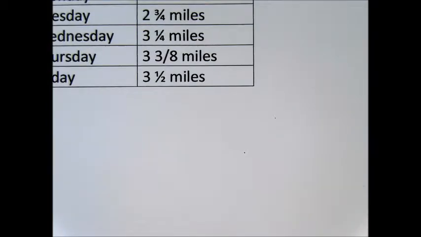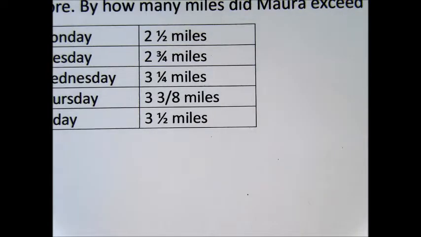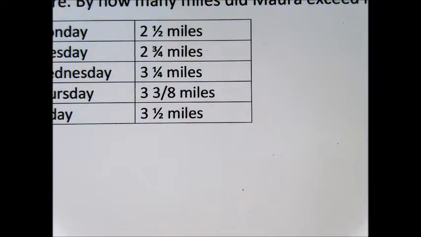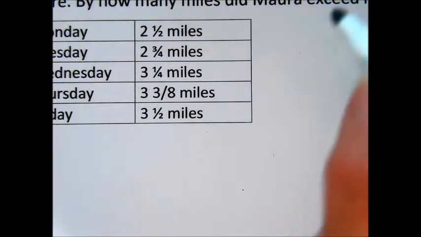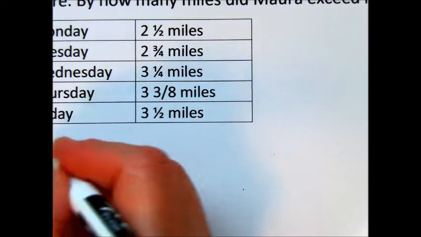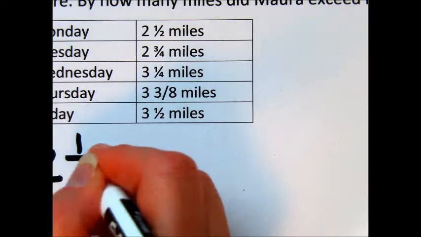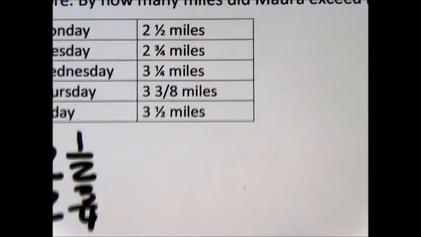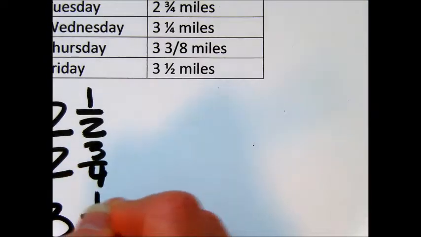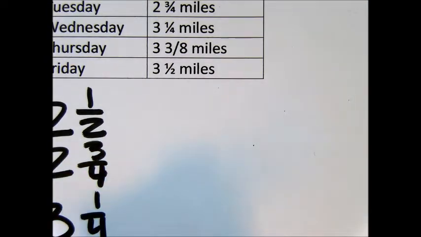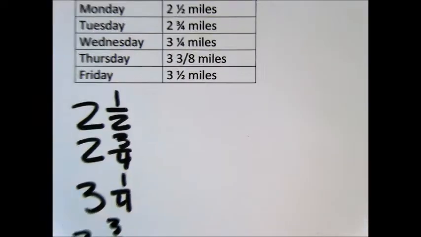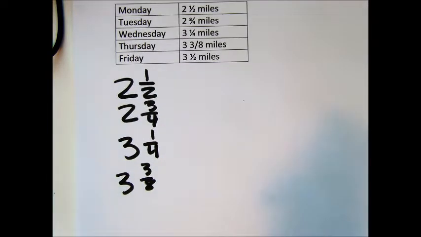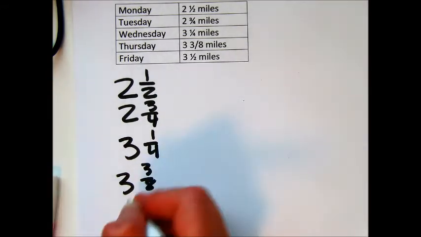Now, to solve this problem, I need to write out the amounts, and I'm going to write them out here. So 2.5, 2 3/4, 3 1/4, 3 3/8, and 3.5.